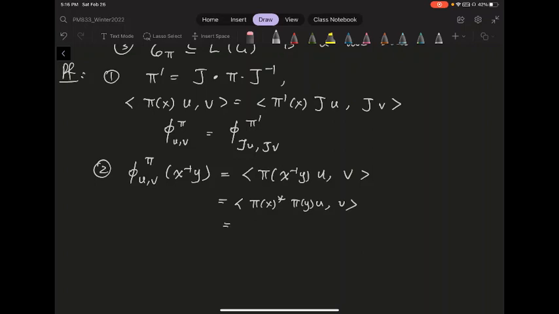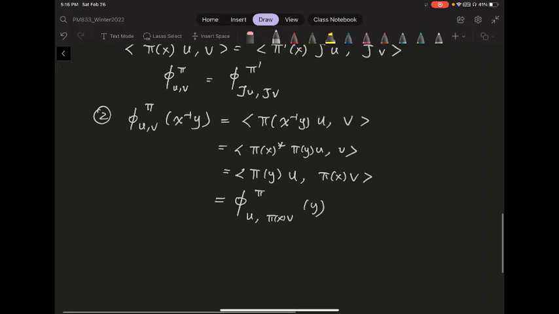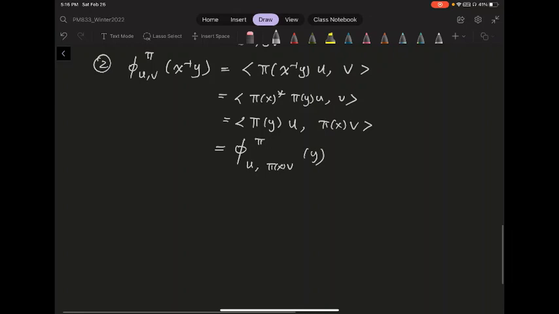But you can move the pi x to the other side. So this is the pi y evaluated on u, and then inner product with the pi x on v. So this is essentially just you evaluate pi y on u and the vector pi x v. Okay, so they are the same, so evaluate y. If you left translate, you end up with something still a matrix coefficient. So it's invariant under left translation. You can do the same for the right and just leave it as an exercise.